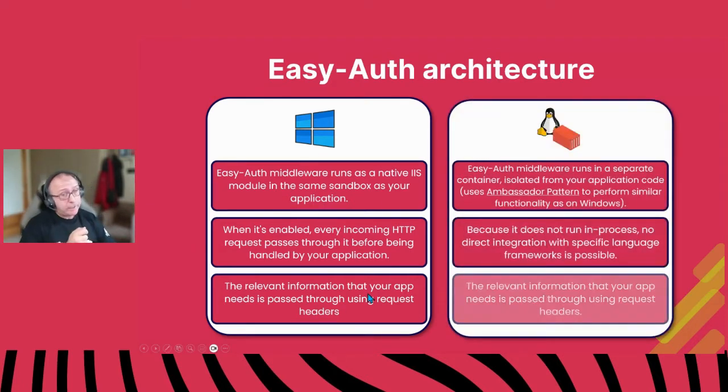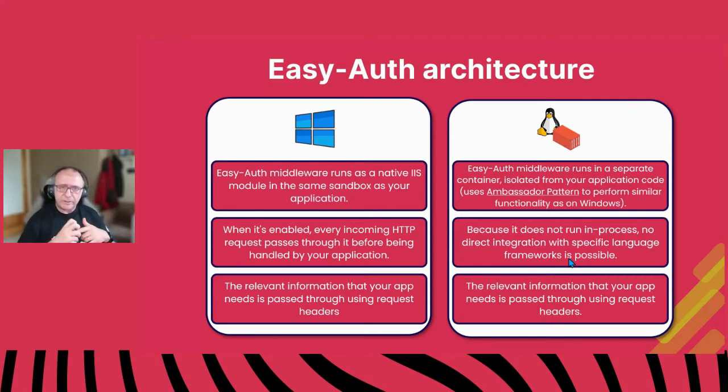If you work in Linux or a container, you don't have a native module because you don't have IIS behind the scenes. The platform runs this middleware in a separate container, isolated from your application, and uses the ambassador pattern. When you receive the slides, or if you want, you can search, this link will drive you to the ambassador pattern page in the Azure Architecture Center.